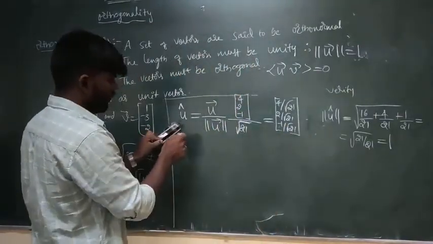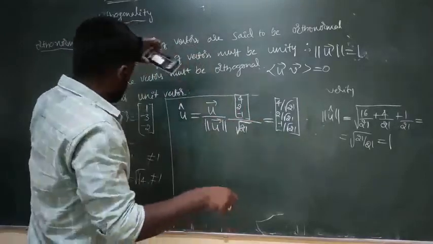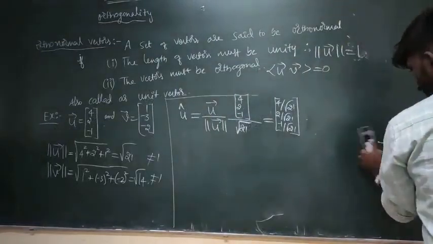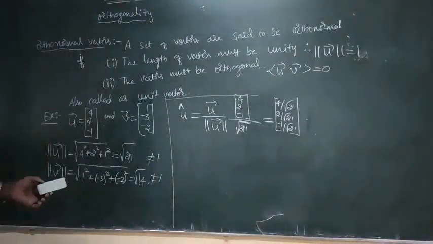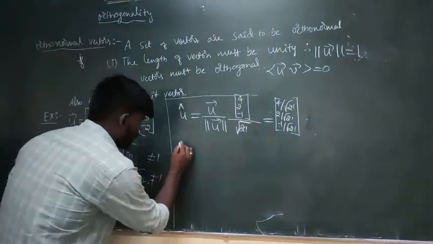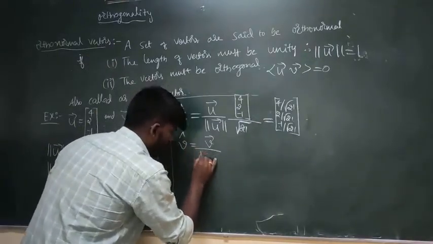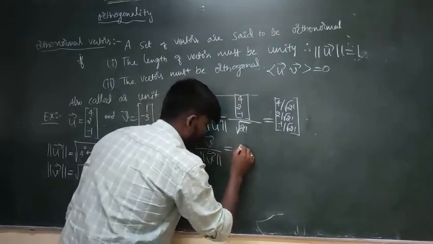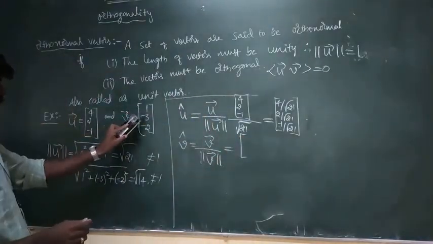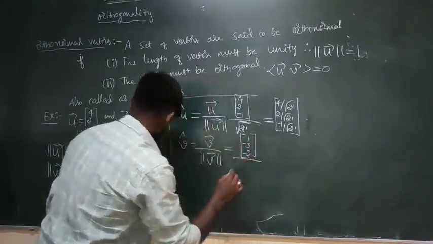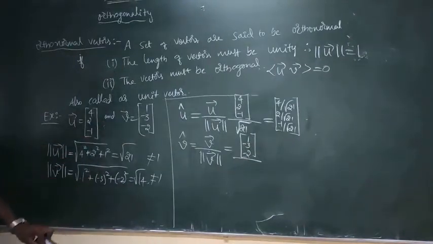Therefore, we found this orthonormal vector. Now the orthonormal vector for V. The orthonormal vector of U is this. The orthonormal vector of V is V cap, which equals the given vector V, (1, -3, -2), divided by its norm, root 14.